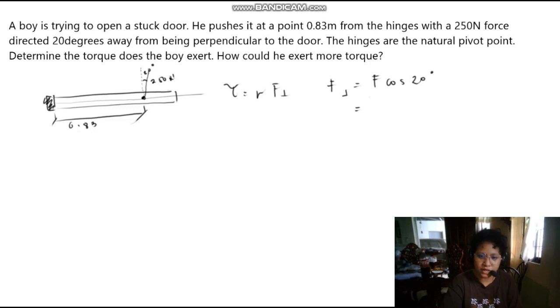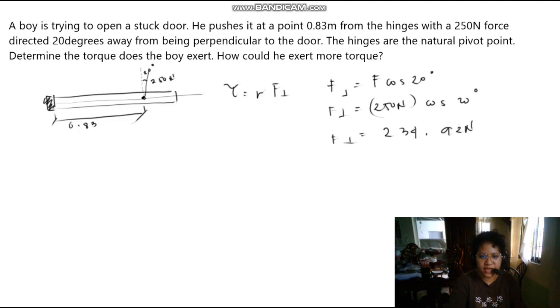By substituting, perpendicular force is equal to 250 newtons times cosine 20 degrees. And we're going to get the value for perpendicular force, which is 234.92 Newton.